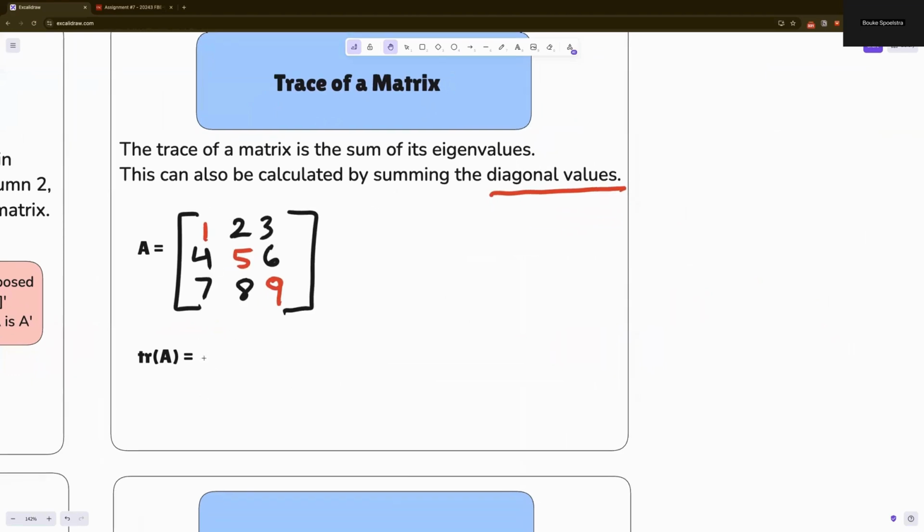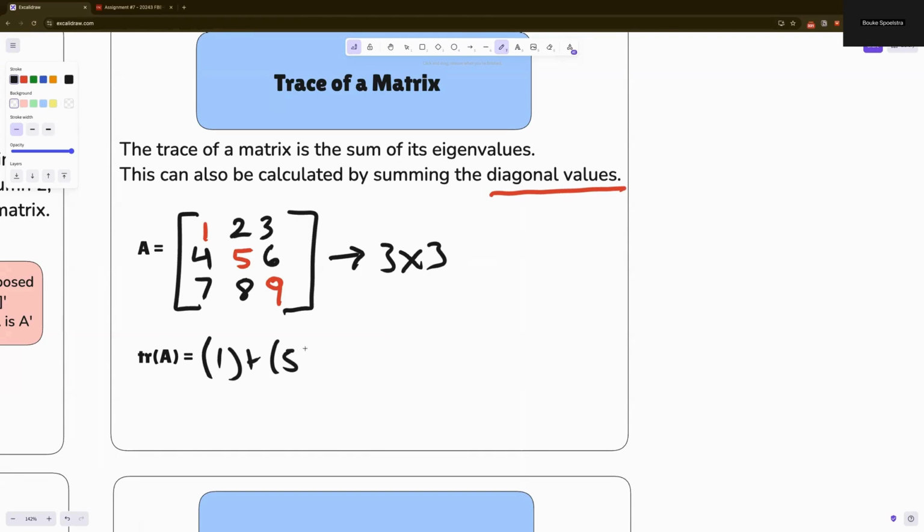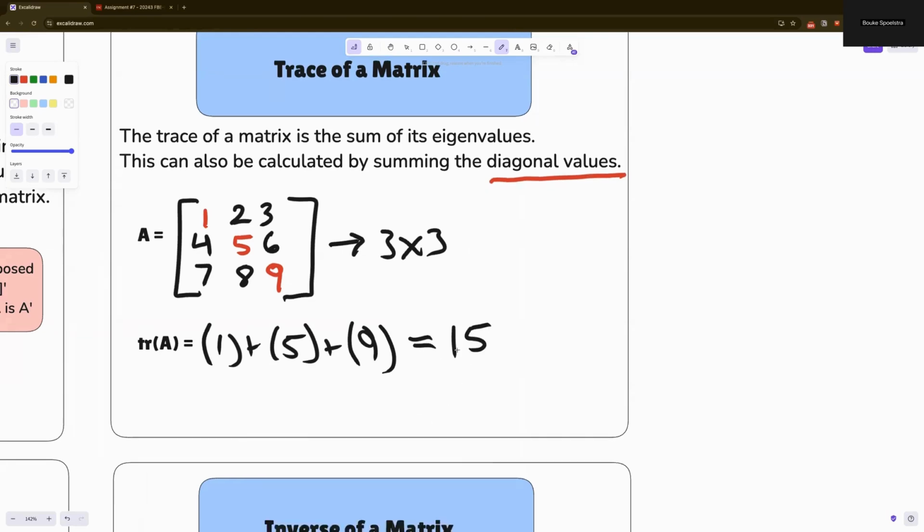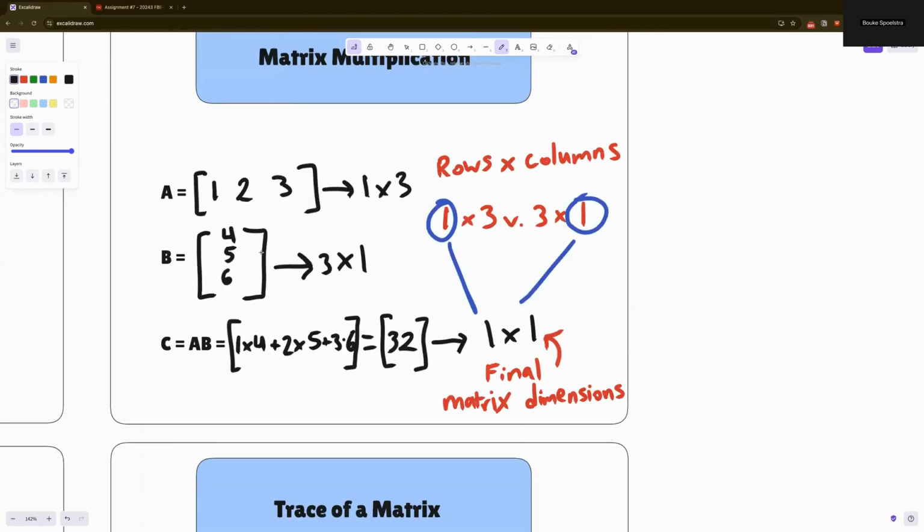So if we have a 3 by 3 matrix, the trace is going to be a single value, which would be the sum of the diagonal values. So this would be 1 plus 5 plus 9, which equals 15. So that's our trace.